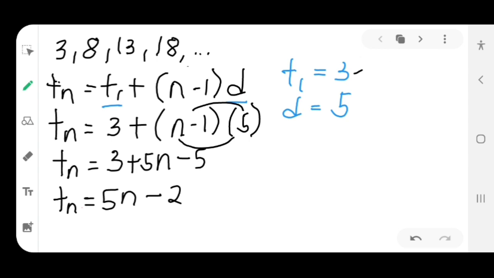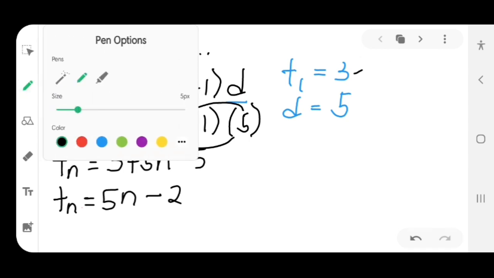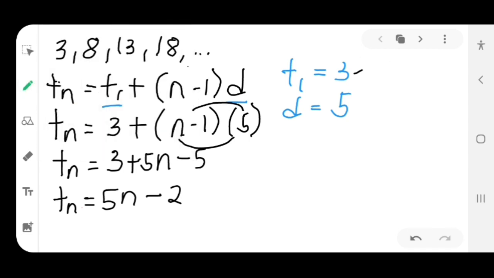Remember, in adding integers having unlike signs, you need to subtract their absolute values and copy the sign of the integer with a greater absolute value. So now we can say that the general term of the sequence 3, 8, 13, 18, and so on is t sub n equals 5n minus 2.